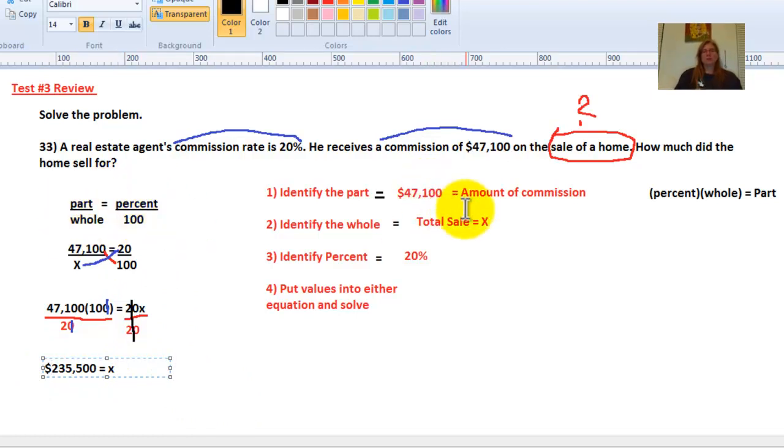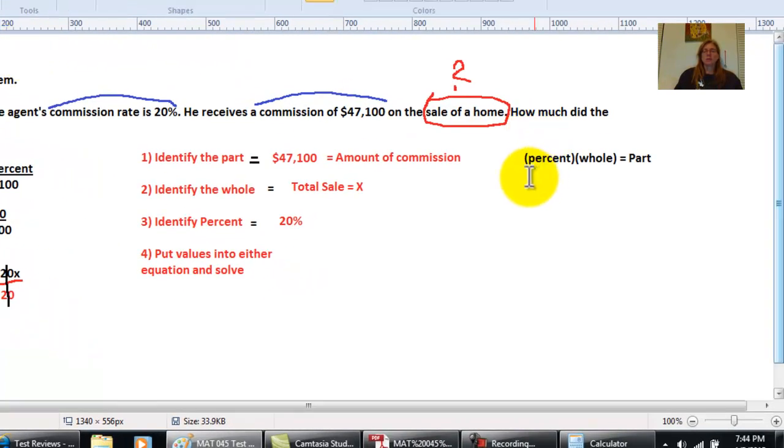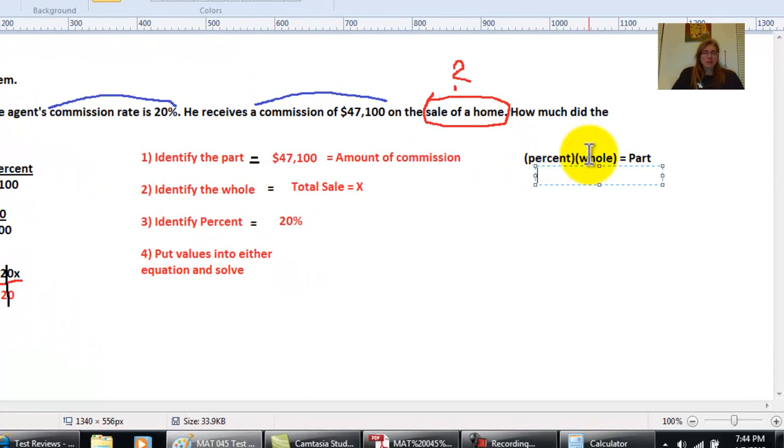We can also take these same numbers and put them into this other equation. In this case over here, when you put in a percent, you have to keep the percent sign on. 20% times the whole, which is the X, and we'll set it equal to the part, which is then $47,100.